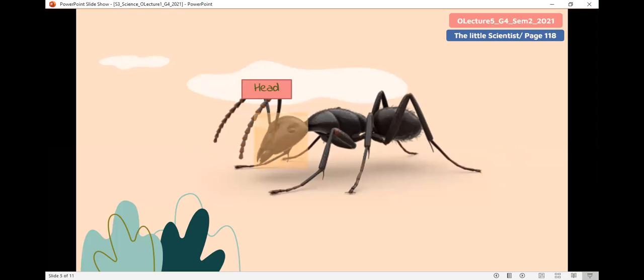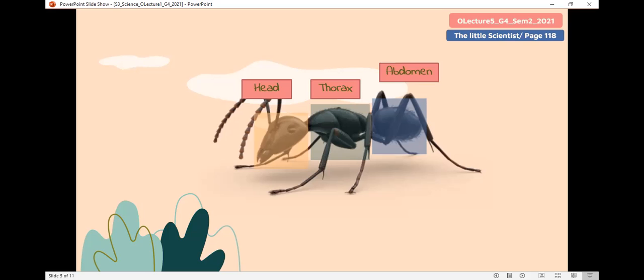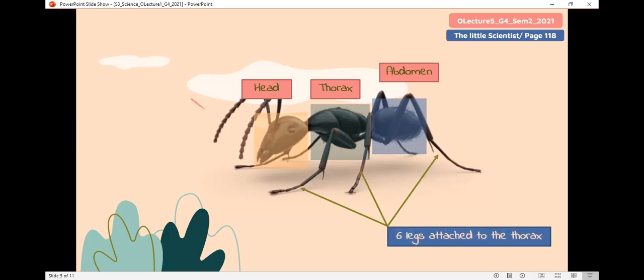Insects have a head, a thorax, and an abdomen. How many legs do insects have? Six, three on every side, connected to the thorax. Perfect. Insects have six legs connected to the thorax.